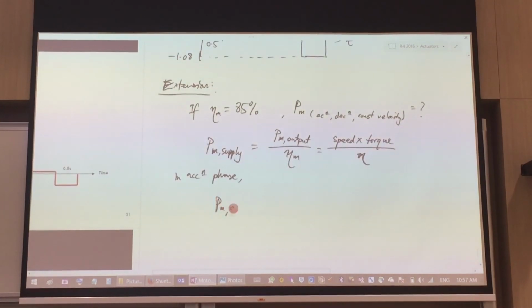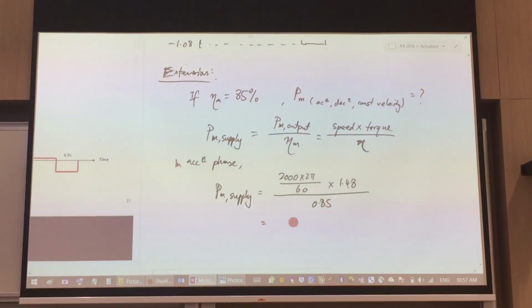So in the acceleration phase, the P_M supply with 85% efficiency, that speed would be 2000 times 2 pi divided by 60 to convert it to radians per second, multiplied by torque 1.48 and divided by 0.85, that's 85% efficiency. So that power is 364 watts.